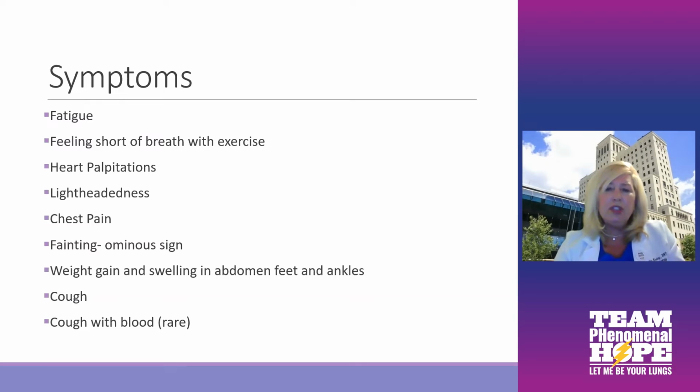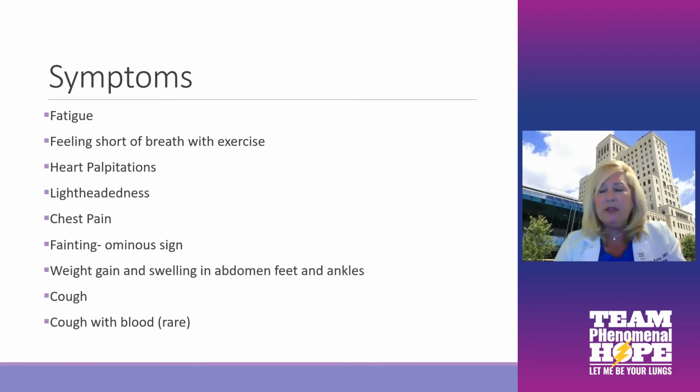When we're not pushing blood flow appropriately through the lungs, the blood tends to back up on the right side of the heart. It doesn't really have anywhere else to go except for up into the neck and the chest and the belly, and then down towards the ankles and the feet. And so patients can gain weight very acutely, actually.